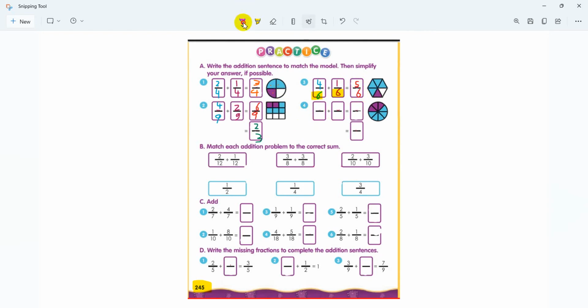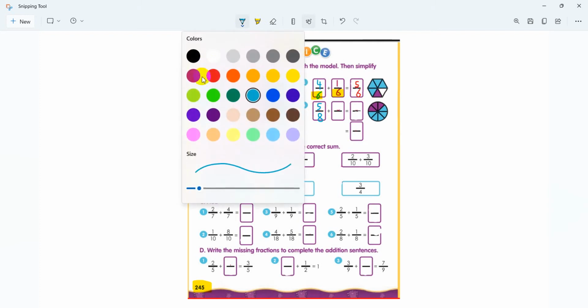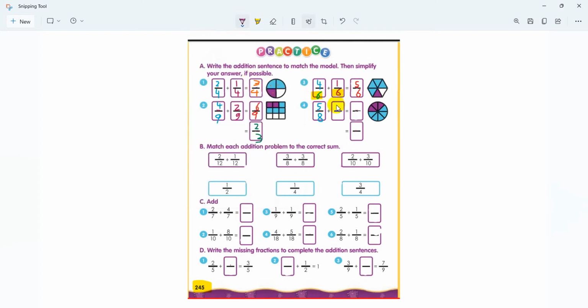Number 4, 1, 2, 3, 4, 5. So they are 5 out of 8 here, and the other color they are 3 out of 8 here.